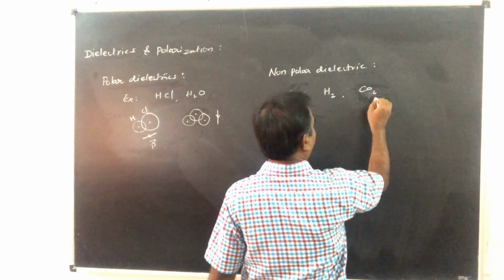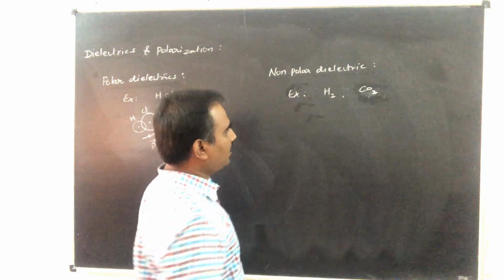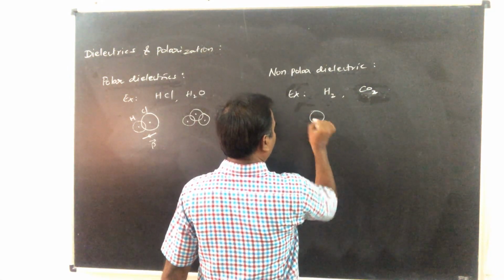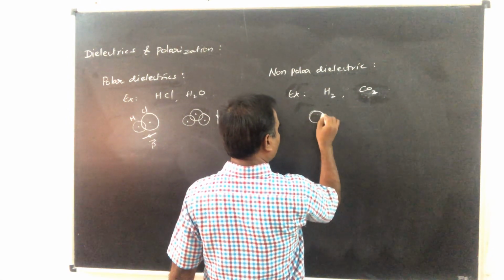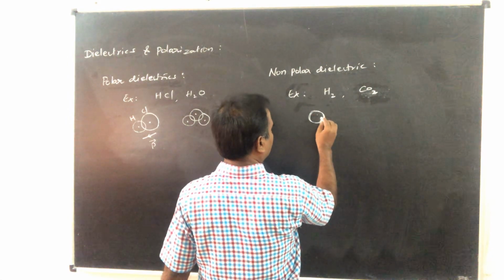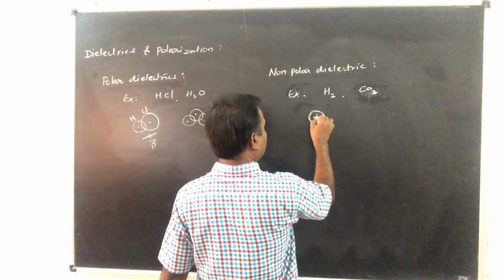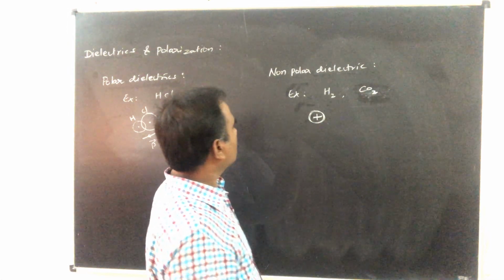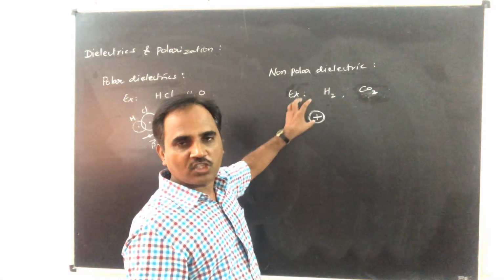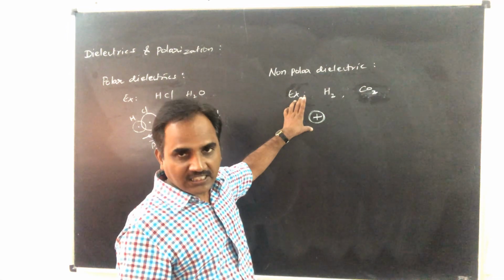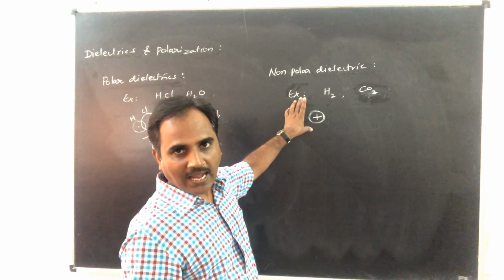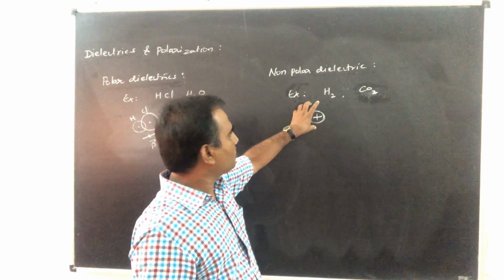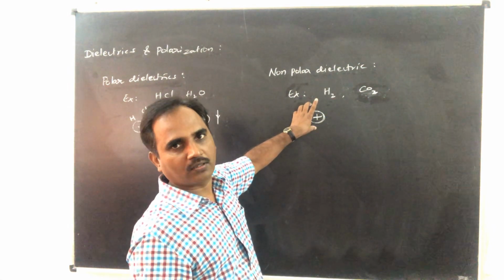Here is one hydrogen atom and here there is one more hydrogen atom. The center of positive charge and negative charge both will coincide. So this molecule as it is does not act like a dipole. These molecules do not have any permanent dipole moment.